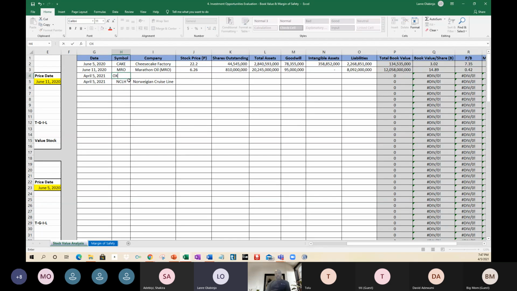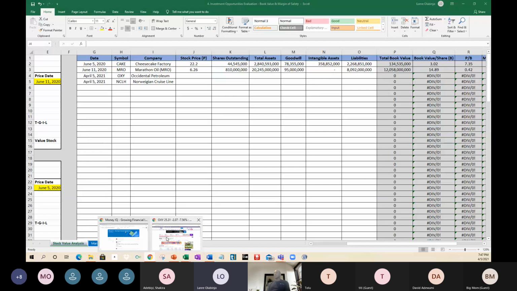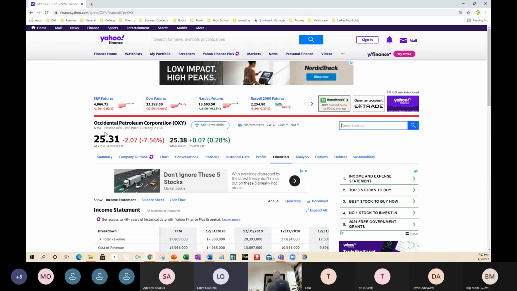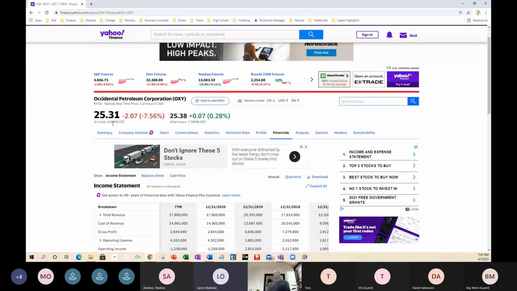But for today, we'll do Oxy together. And Oxy is Occidental Petroleum, one of the largest independent oil and gas companies, like Anadarko, Marathon Oil. They are fairly big. So the stock price, J column, what I'm asking you to look for is the current stock price. So you go to Yahoo Finance, and you can see that they show the stock price at the close of the market today.